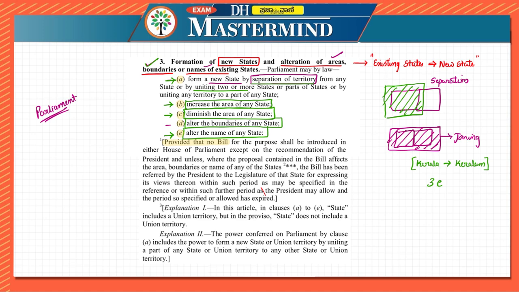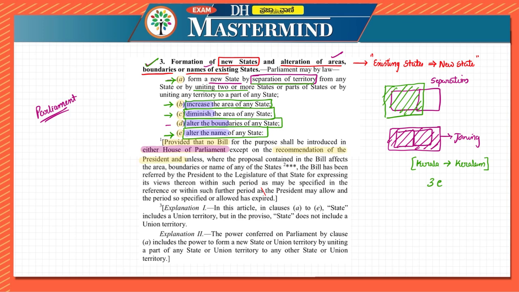If there is any bill which has to be introduced by any house of the parliament, maybe that is Lok Sabha or Rajya Sabha, in order to increase any area or decrease any area, alter the boundary or alter the name, then it can be done only on the recommendation of the president.